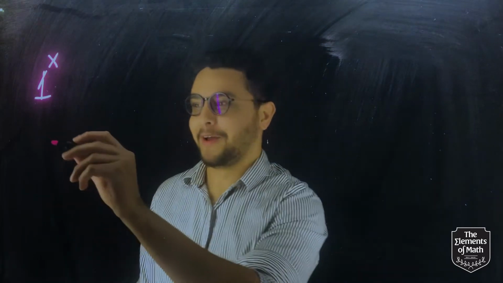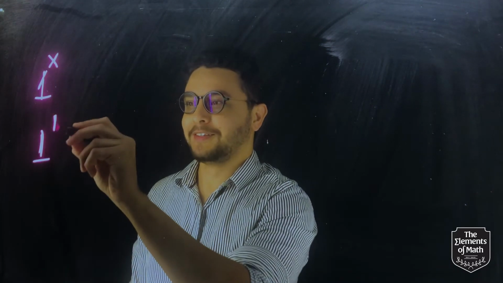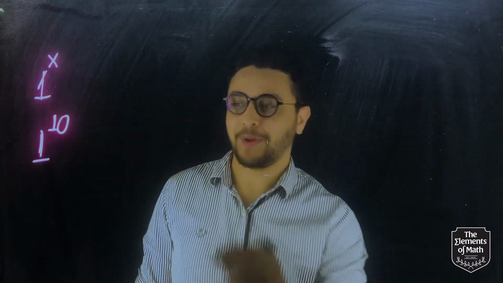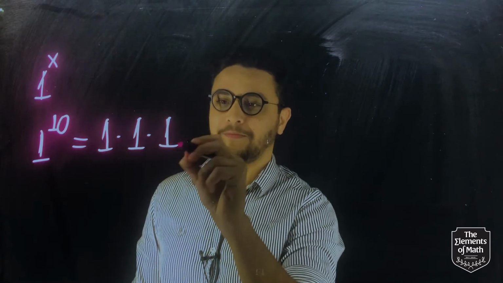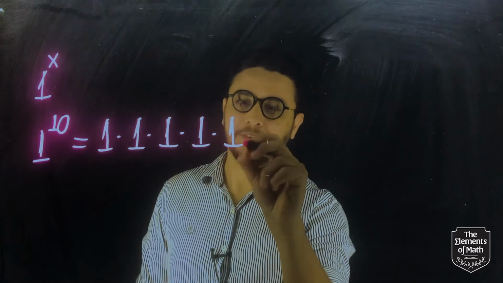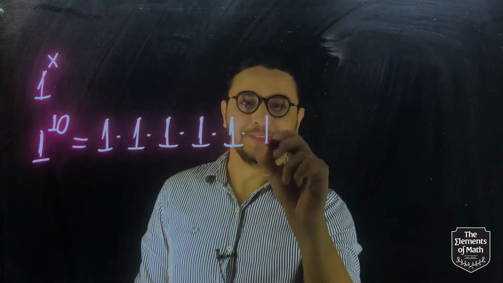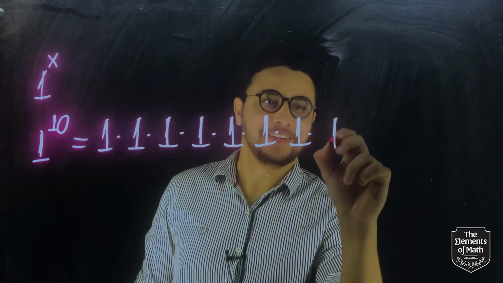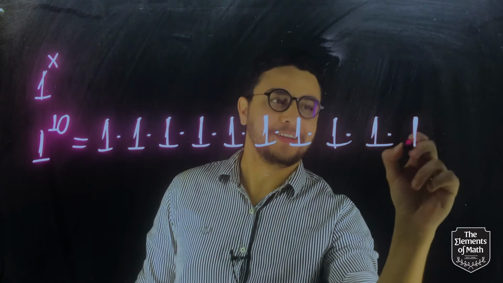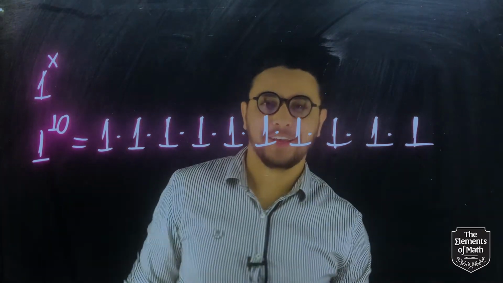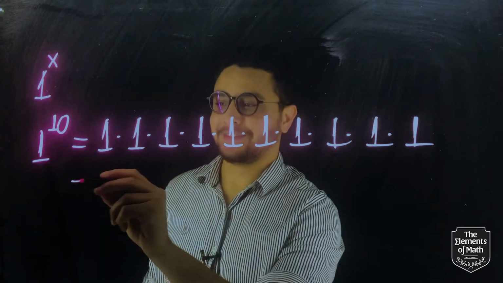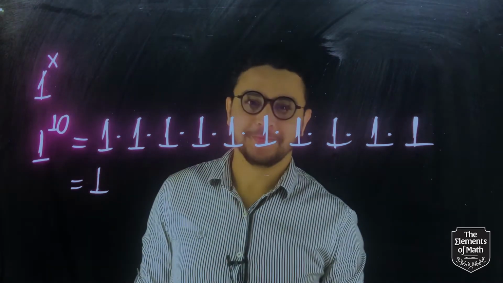For example, if I had 1 to the power 10, I have to multiply 1 by itself 10 times. 1, 2, 3, 4, 5, 6, 7, 8, 9, 10. I know this product doesn't matter. It is 1.